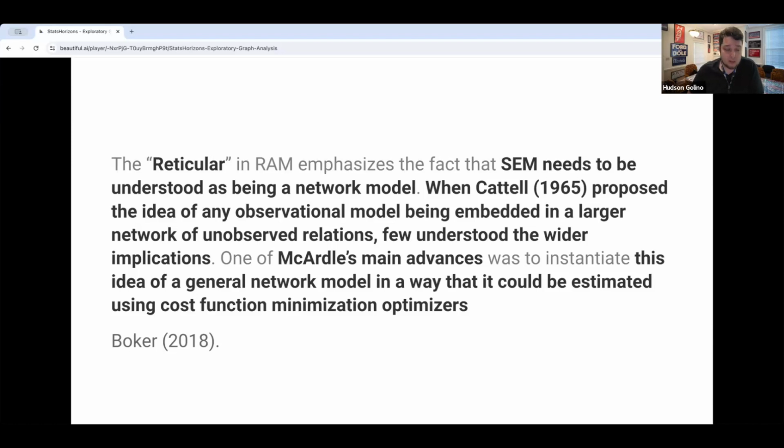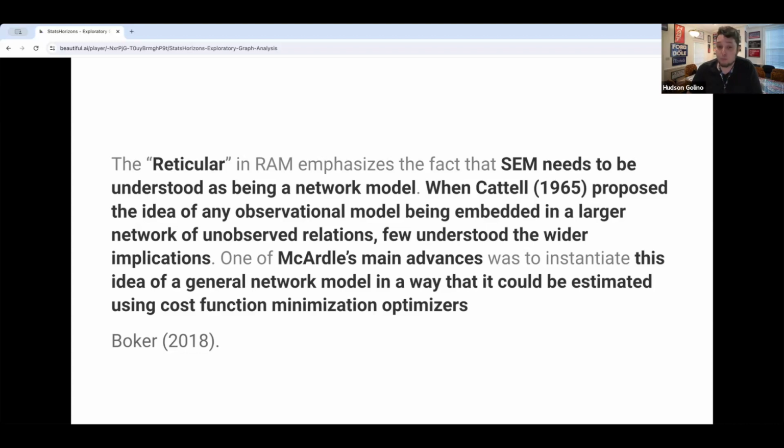So Steve Boker continues that the reticular action model emphasized the fact that structural equation modeling needs to be understood as being a network model. So when Cattell in 1965 proposed the idea of any observational model being embedded in a larger network of unobserved relations, few understood the wider implications.